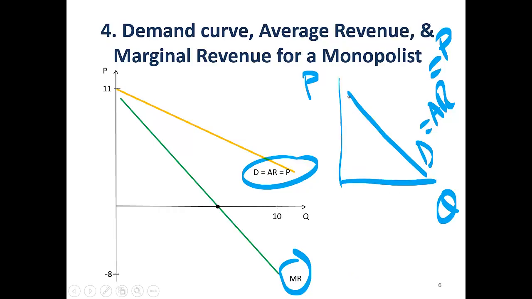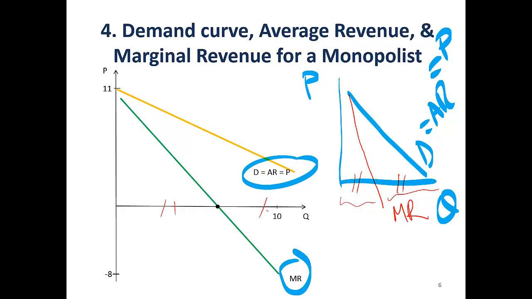Sorry about that. Your marginal revenue curve will be below this demand curve, and it will divide the area below the demand curve in two equal portions. So these distances should be equal.